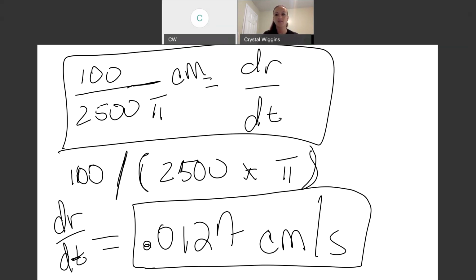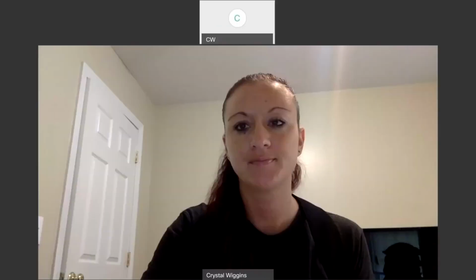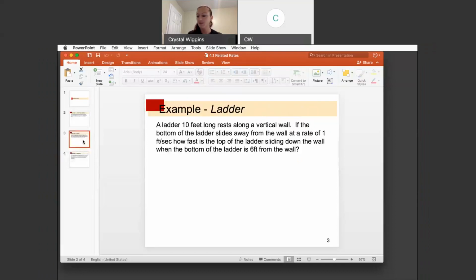Now, if I go back to the PowerPoint, let's look at our second example. Our second example is that ladder problem I said was coming up. We have a ladder 10 feet long that rests along a vertical wall.